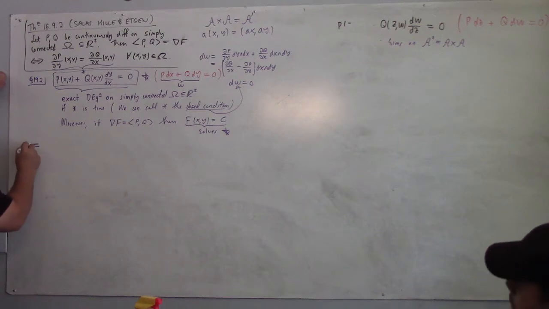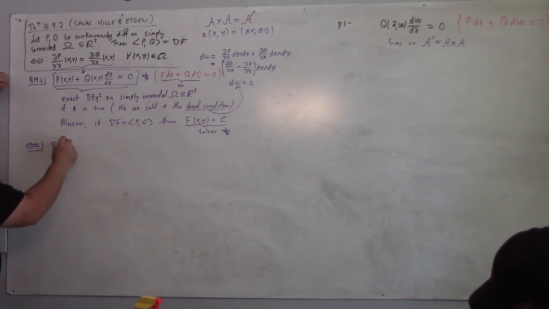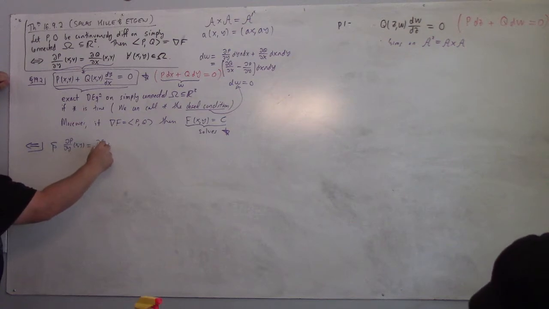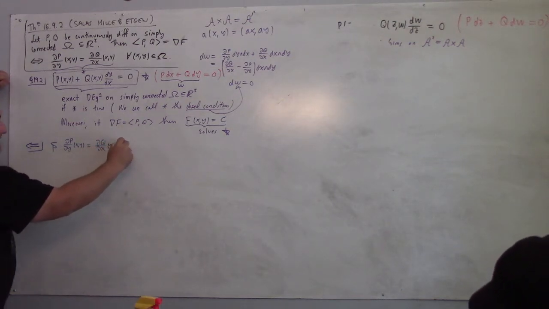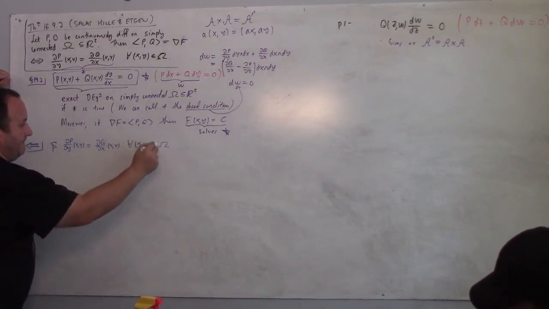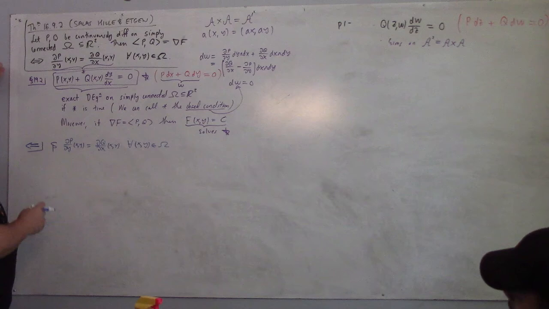So, given partial p, partial y of xy is equal to partial q, partial x of xy, that implies gradient f equal to pq.